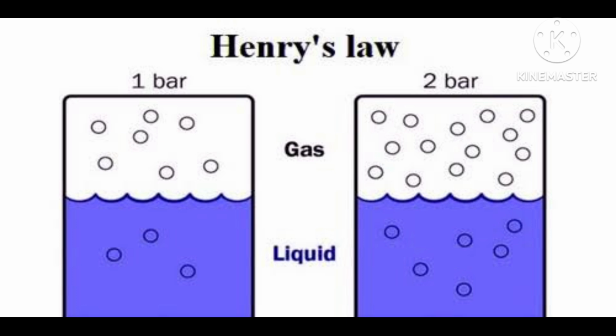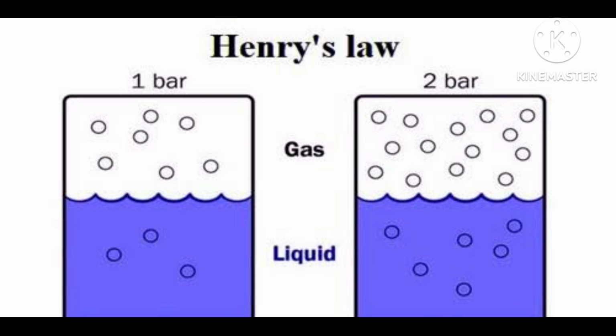Now if you take a semi-permeable membrane between two liquids, pure solvent on one side and salty water on the other, what will happen? Pure solvent has more vapor pressure, and the salty water, the solution, has less vapor pressure. Then water will go from the solvent side to the solution side, the salty water side, through the semi-permeable membrane until both side pressures become equal.